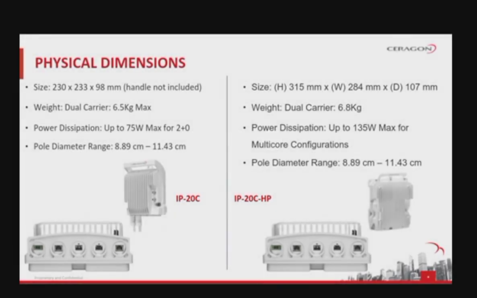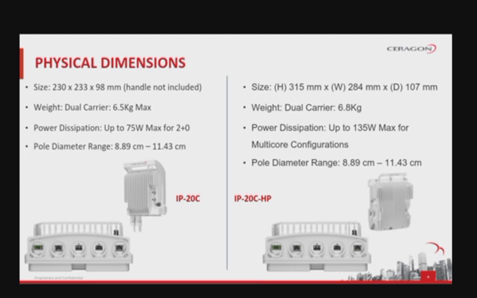When installing an ip-20c, it is important to know what the physical dimensions are. The ip-20c's size is 230 by 233 by 98 mm, while the high power version is 315 by 284 by 107 mm.